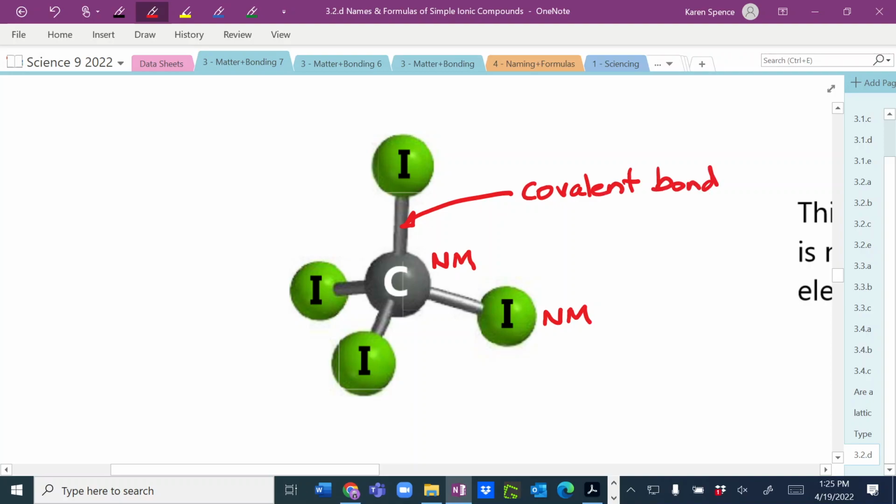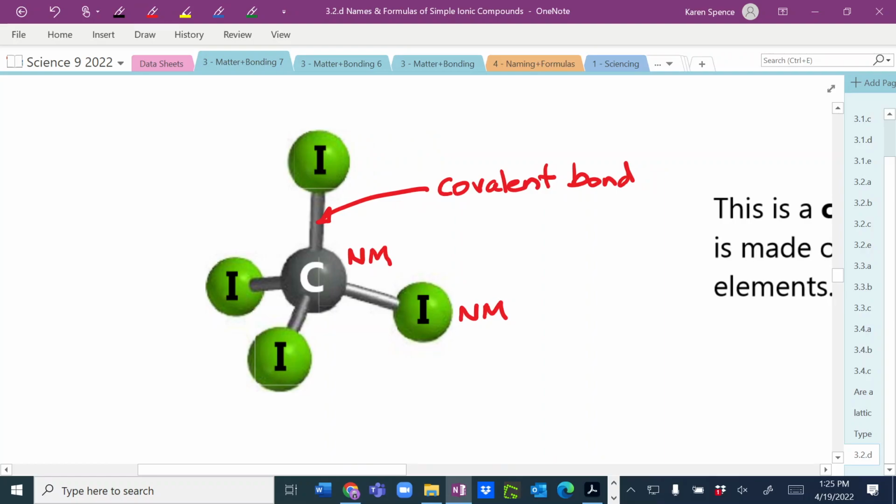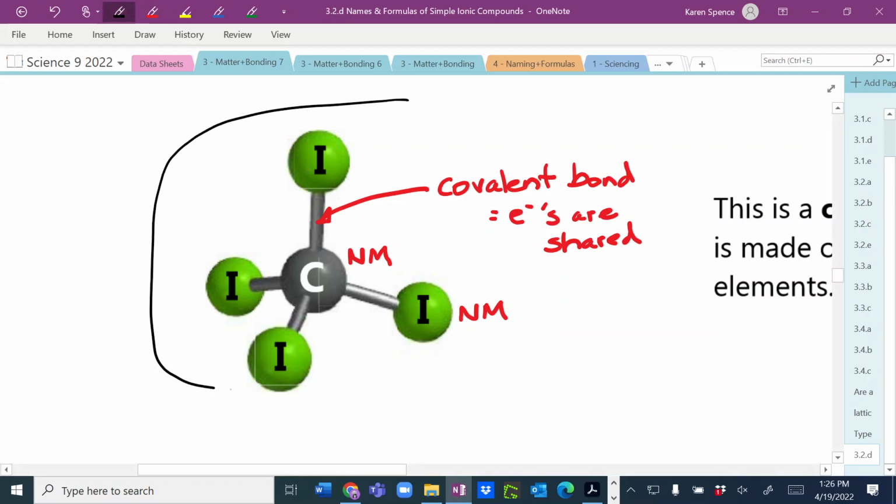What's happening with the electrons? The electrons are shared. And what do we call this entire particle?